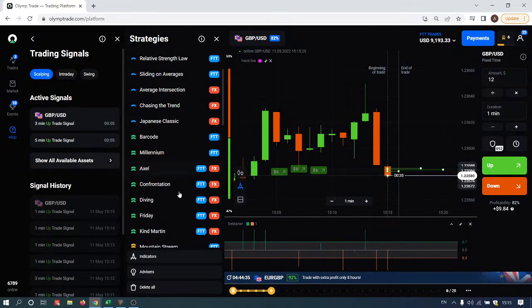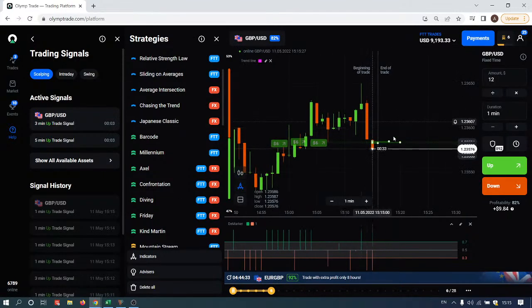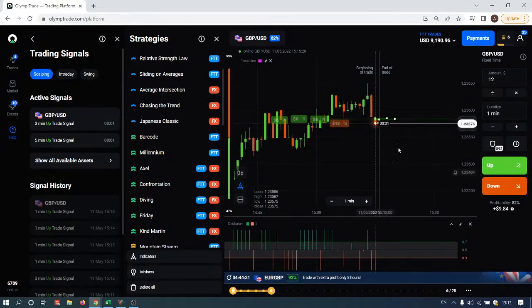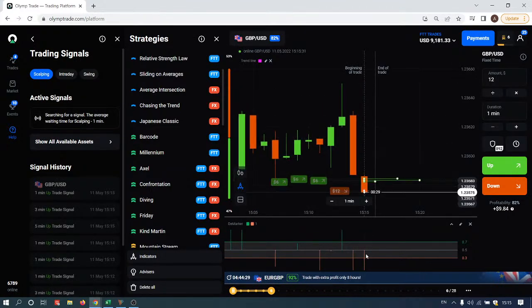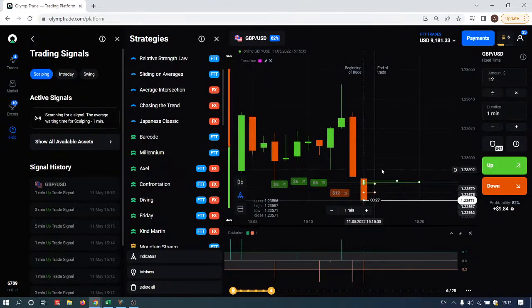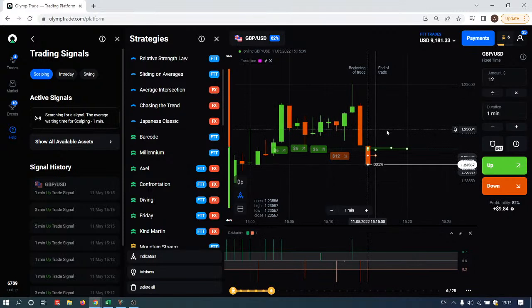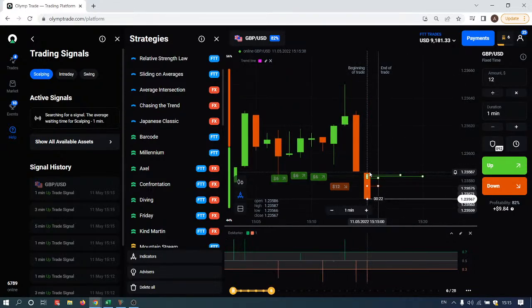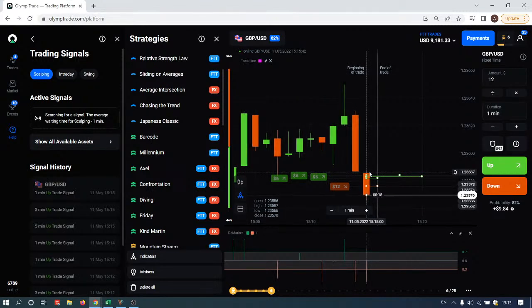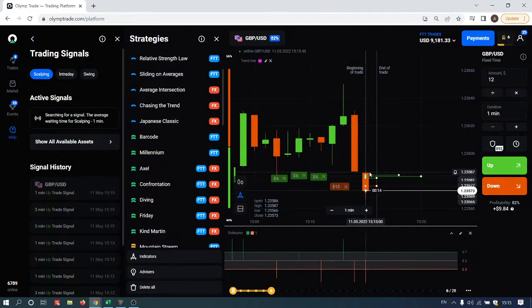Now let's go ahead and start using the barcode strategy. The barcode strategy is probably the only trading strategy that we have on our platform that is specifically designed for 1 minute trades, trades with a duration of 1 minute.